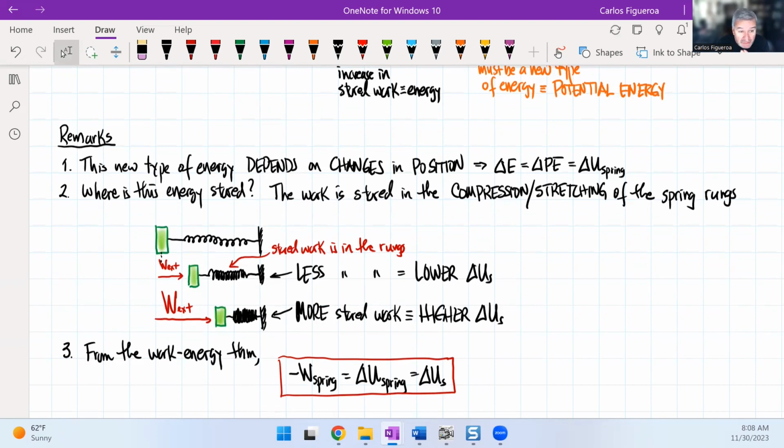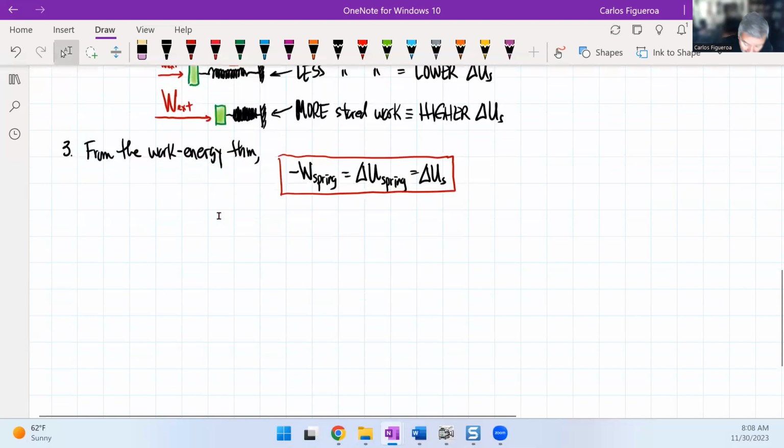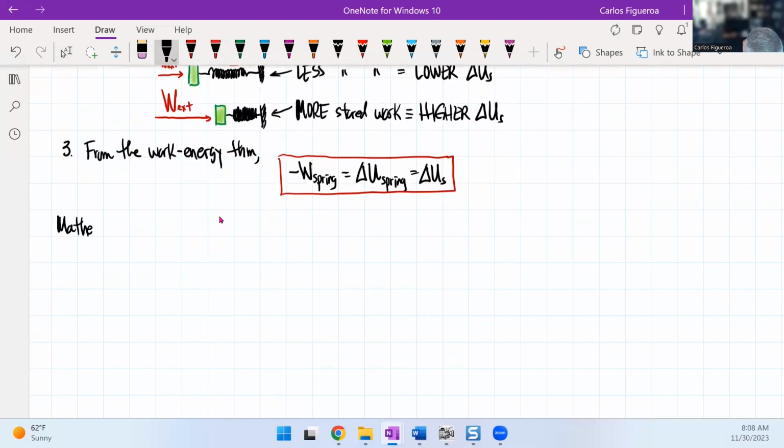So we should get into the mathematical details to actually deal with this. So now we need the mathematical details of the work done by the spring. So we need to break this up into two pieces.